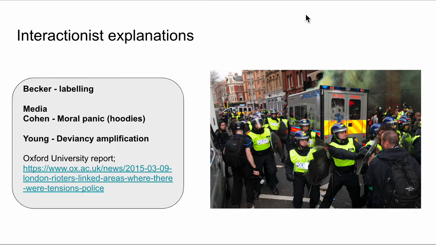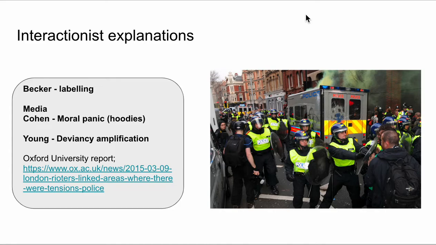In terms of interactionist explanations, think about the media: you've got moral panics and Cohen's concept of moral panics, and there was definitely a moral panic after the riots about hoodies and this idea of feral youth. You could also link that, I haven't written it on there, to Forbert's study on hoodies, from just before the riots, a more recent study.